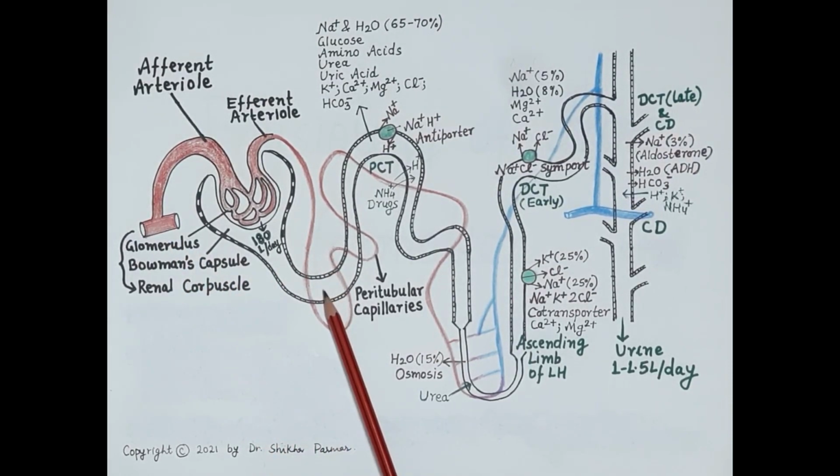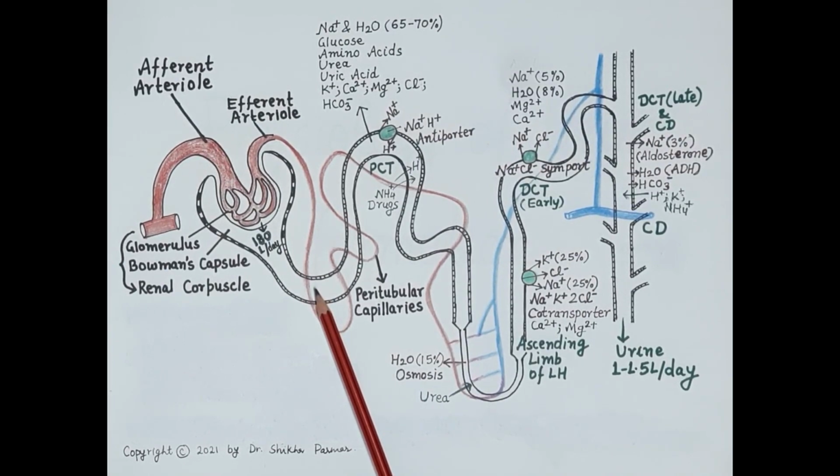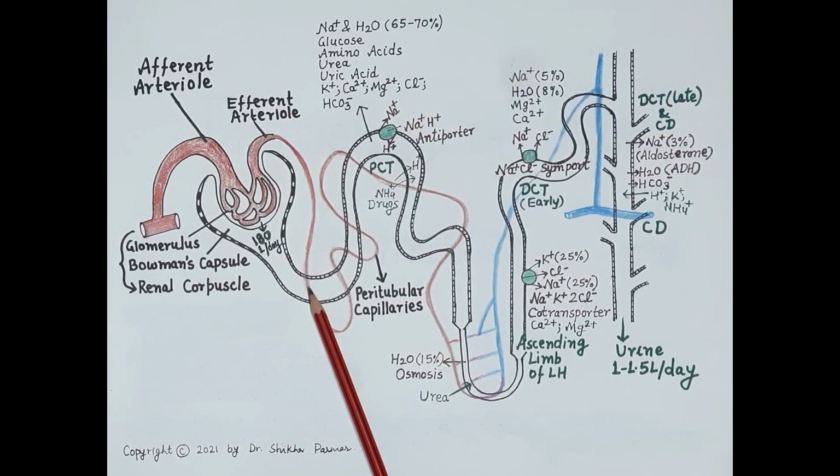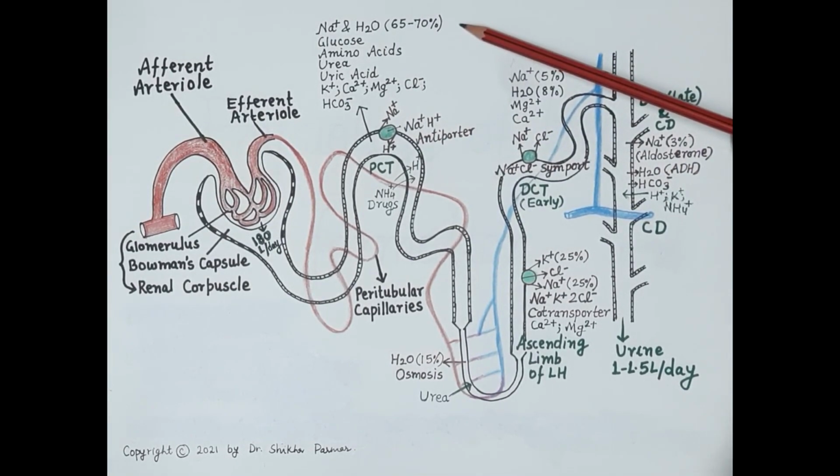Reabsorption of water primarily depends on the reabsorption of sodium. Water is reabsorbed isoosmotically. That is, every molecule of sodium that is reabsorbed is accompanied by reabsorption of a molecule of water. Thus, when the sodium is reabsorbed, the water follows.